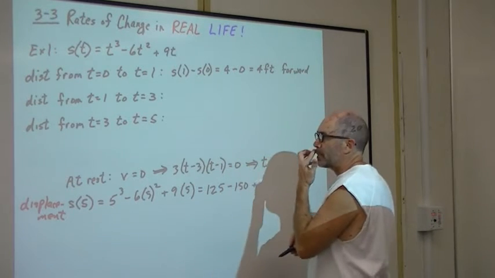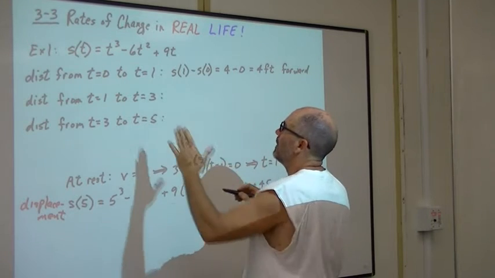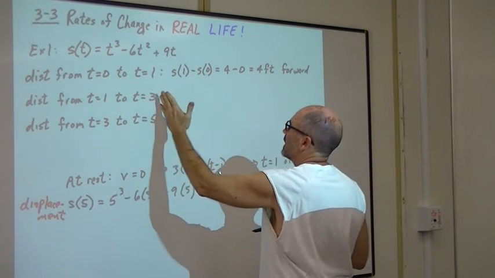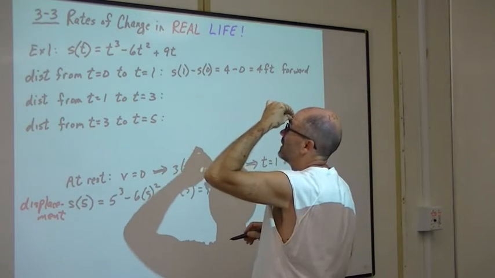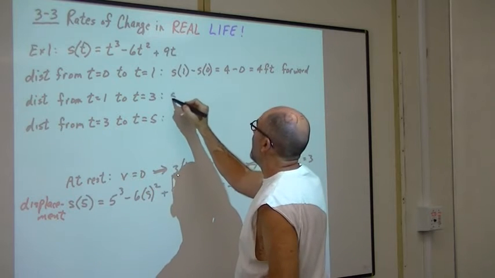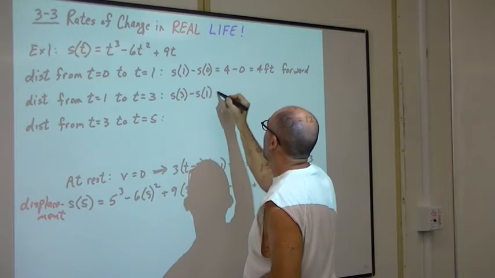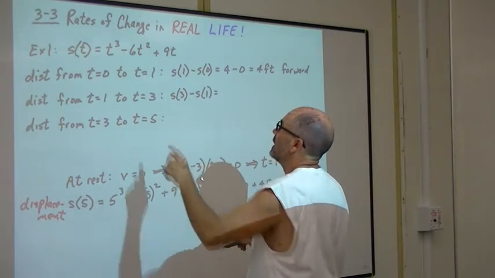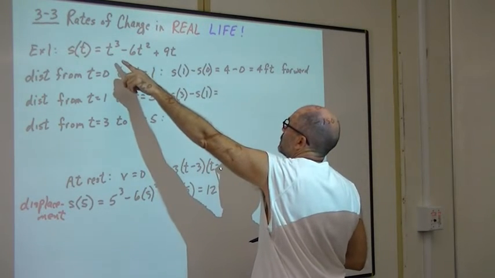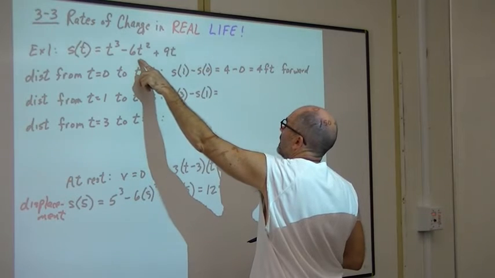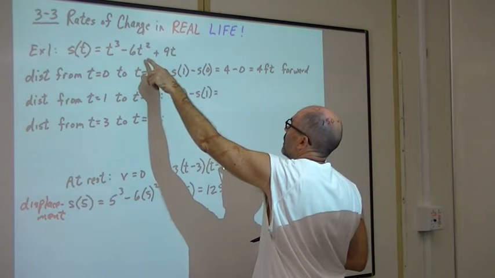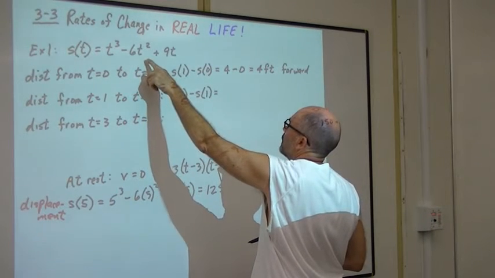Okay, now, the distance from time 1 second to time 3 seconds, well, that's going to be s of 3 minus s of 1. If I put a 3 in here, I've got 3 cubed, which is 27, minus 6 times 3 squared, which is 6 times 9, 54.